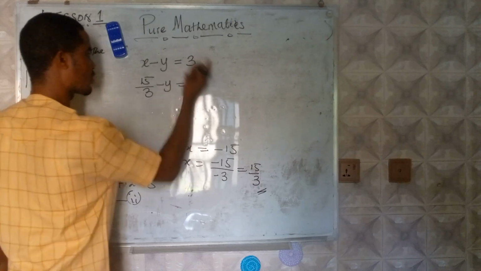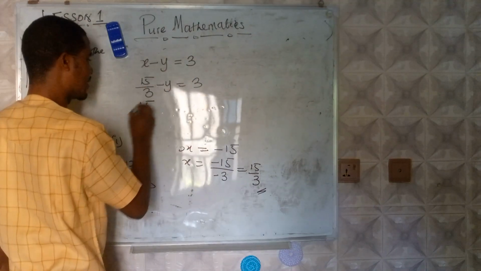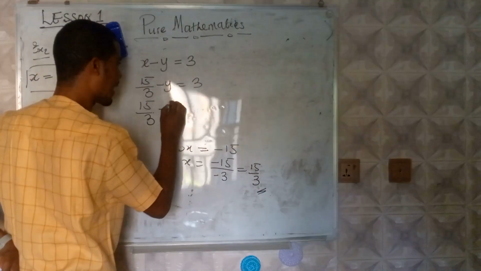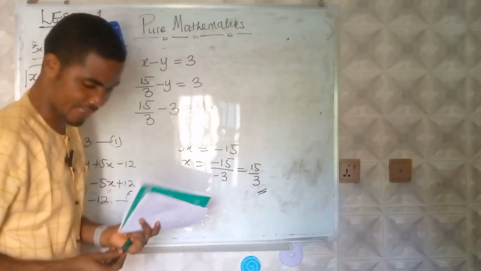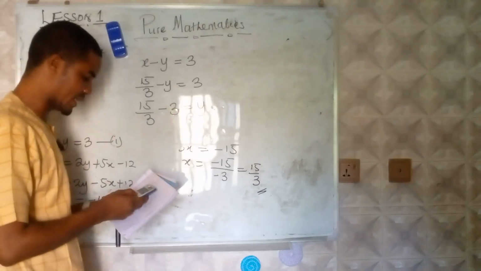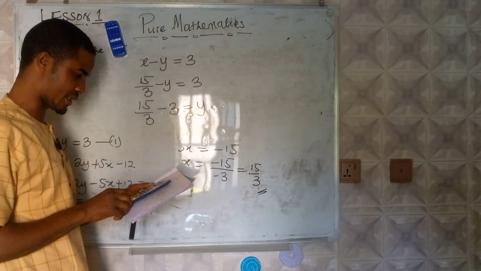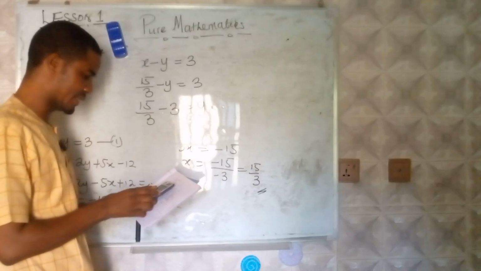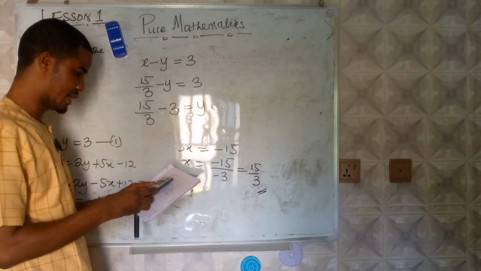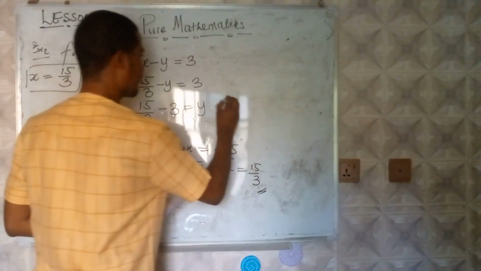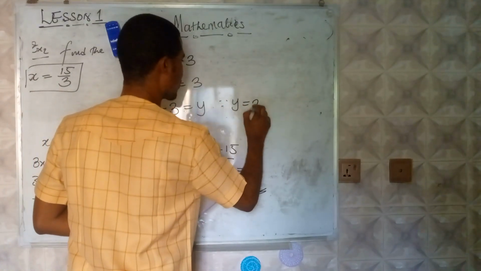So if I throw the y here, I have 15 over 3 minus 3 is equal to y. So I can use my calculator as usual to press 15 over 3 minus 3. That will give me 2. Therefore, y is equal to 2.